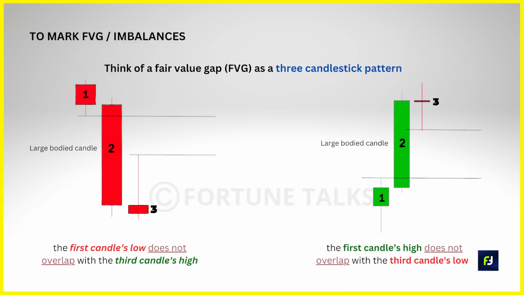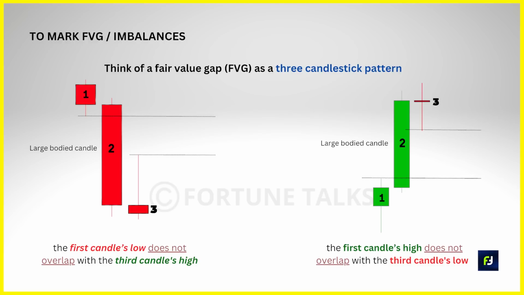A very simple method to keep in mind is to think of a fair value gap as a 3-candlestick pattern where the first candle's low does not overlap with the third candle's high in case of a down move, or where the first candle's high does not overlap with the third candle's low in case of an up move, with the condition that the middle candle has to be a large-bodied candle with little or no wicks.